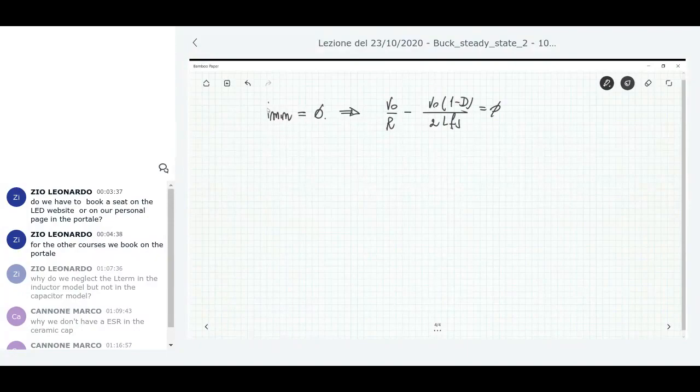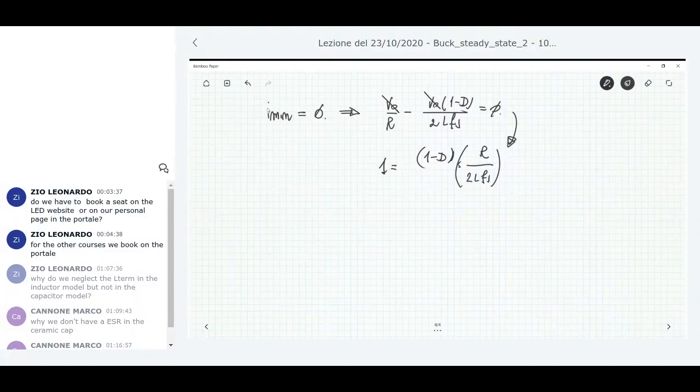Okay. So we simplify this one, we can get 1 equal to (1 minus D) multiplied by R over 2 L f_s. Okay.